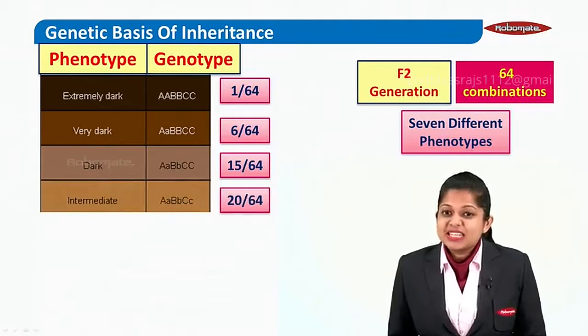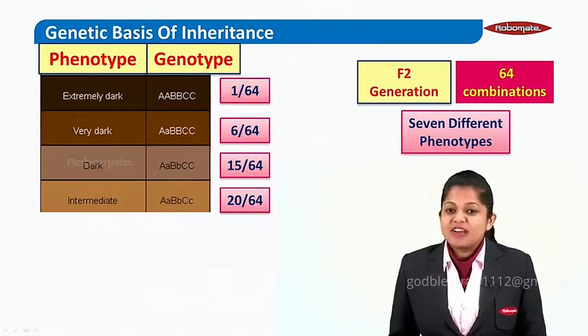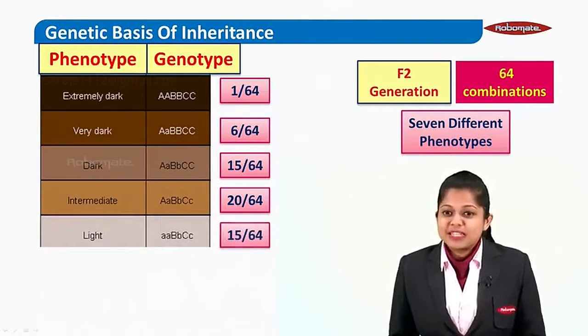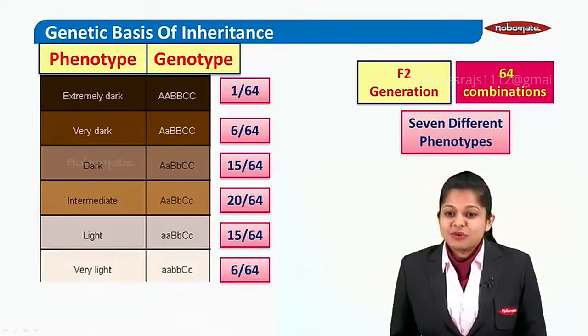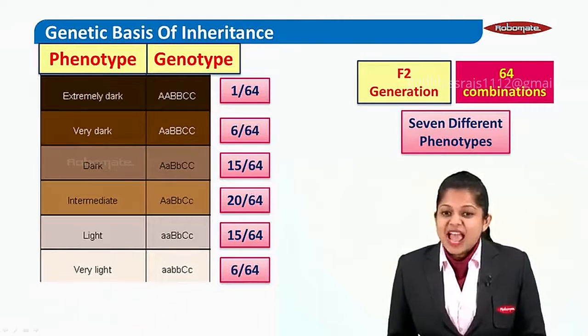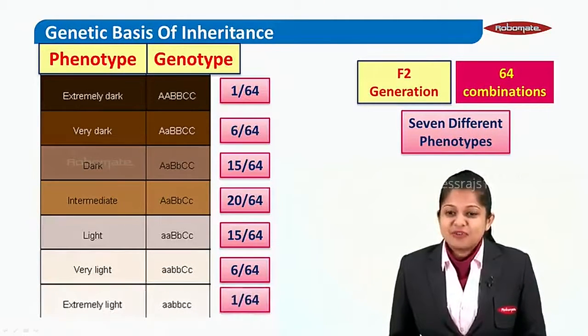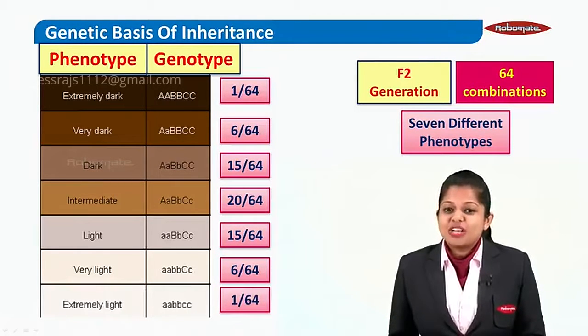Then intermediate skin color is produced due to the cumulative effect of 3 dominant genes, and the population is 20 out of 64. Then is the light skin color due to 2 dominant genes, and the population is 15 out of 64. Then is very light, having only 1 dominant gene, and the population is 6 out of 64. And lastly, extremely light, having no dominant gene and only 1 of the 64.